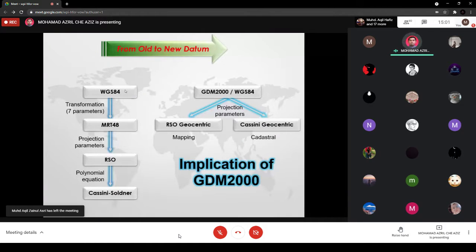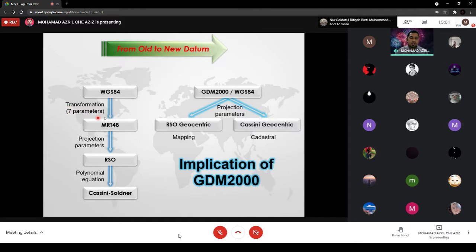Okay, you will start from the WGS84. Then from WGS84 you need to change to the MRT 48, Malayan Revised Triangulation. From here there is a calculation to transform from WGS to MRT.